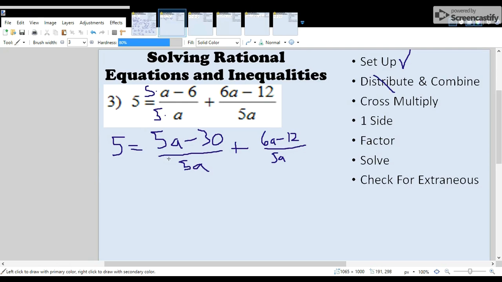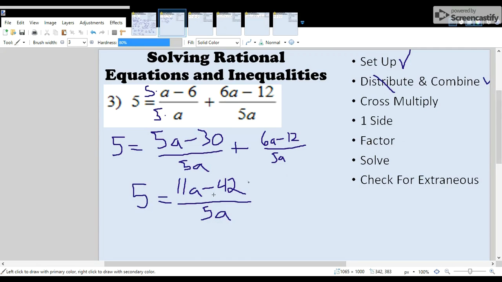And then combining like terms, we have 5a plus 6a is 11a. And then negative 30 plus negative 12 is negative 42. And then the two denominators become one thing, just 5a. And then that equals 5. So we're done with the second step.